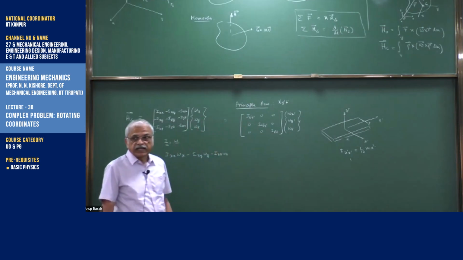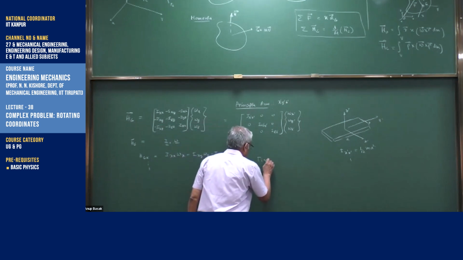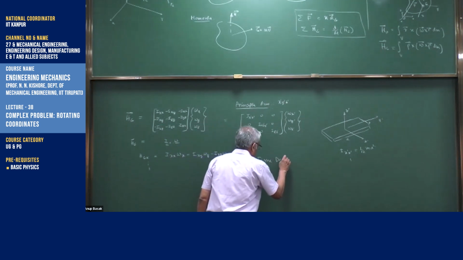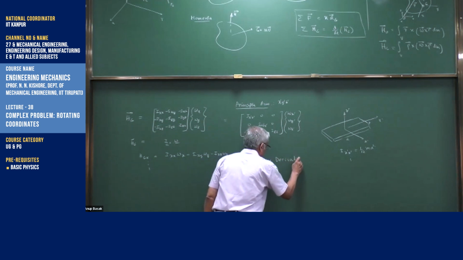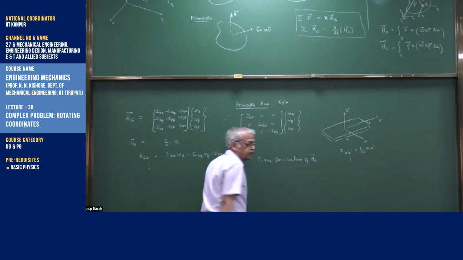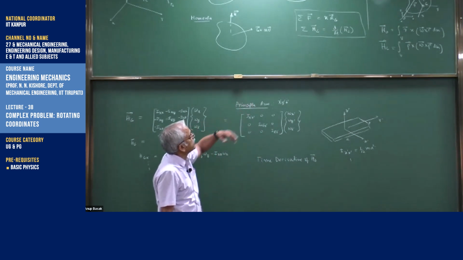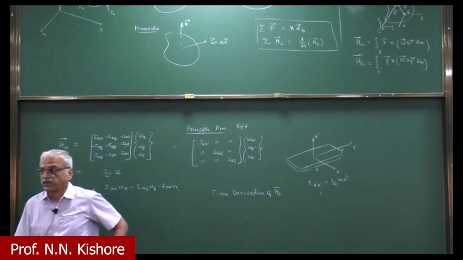Okay, so now this is how we calculate the angular momentum, and we need the time derivative of hg. Okay, so hg as such is what? There, hg is actually with respect to the fixed coordinate system.